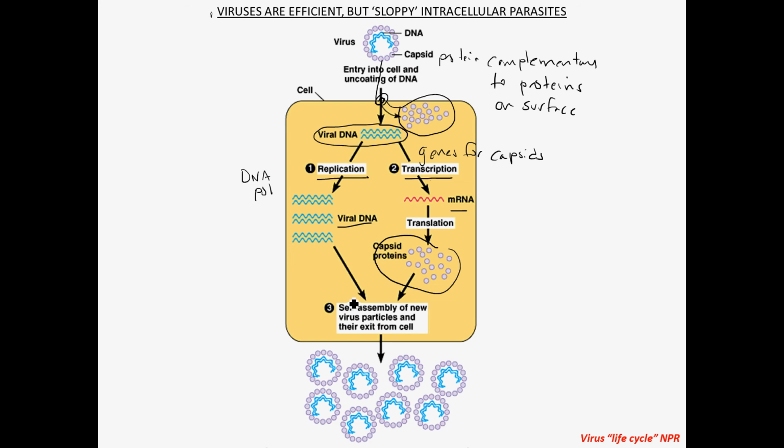And then the third step is a self-assembly of the new virus particles, and then they exit from the cell. And so then these can go on to infect other host cells.